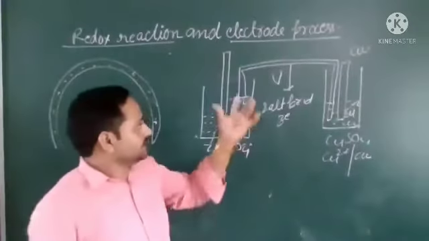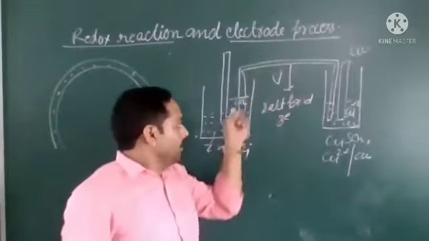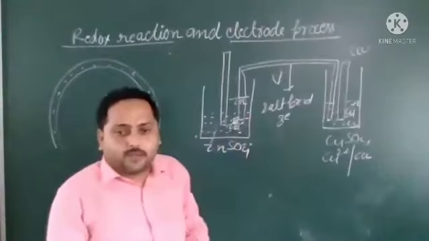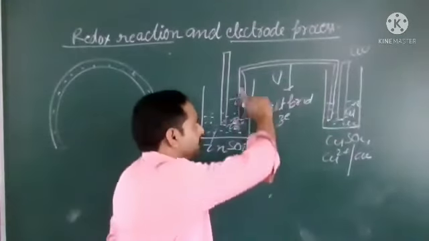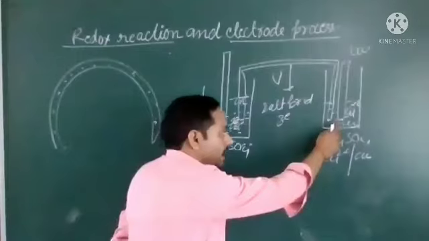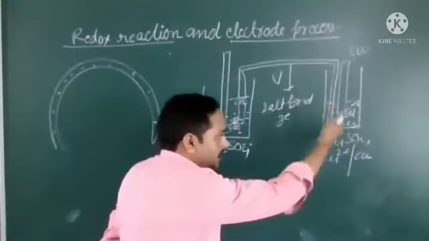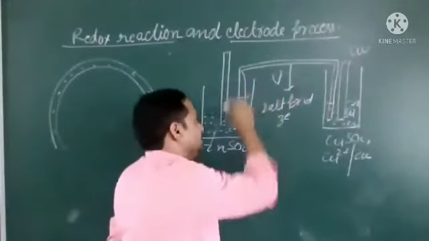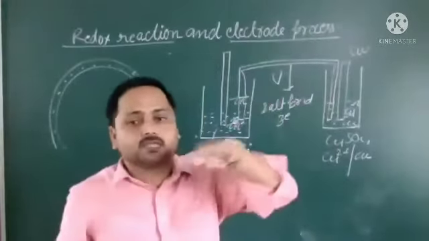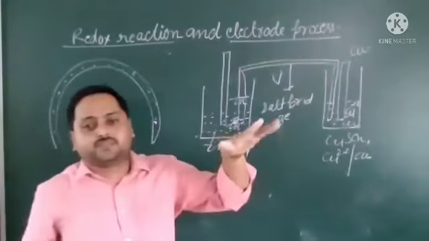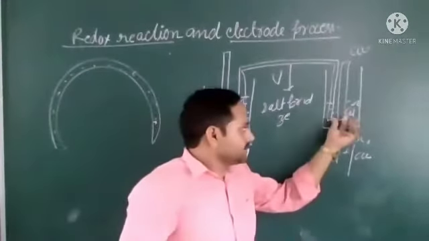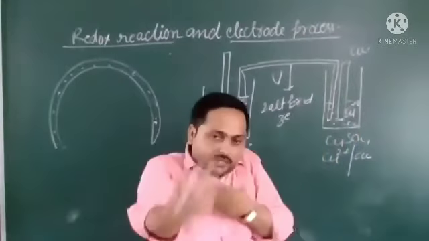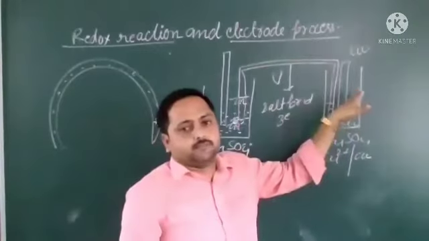It maintains the ion balance. If more ions are on one side, they will be transferred through the bridge to the other side. If extra electrons are there, it will absorb them; if electrons are needed, it will supply them to the system.